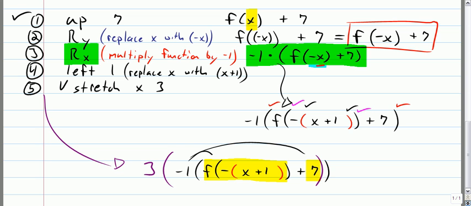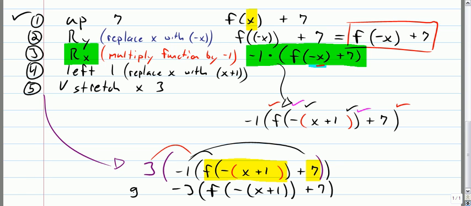Or if you'd like, you could multiply the 3 by negative 1 and clean this up a little. So let's say you did the 3 by negative 1. That would leave you with negative 3 parenthesis f of negative x plus 1 plus 7. And there you go.